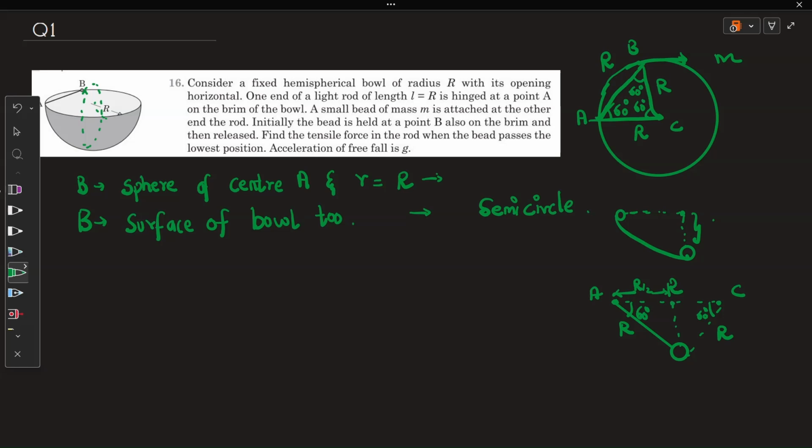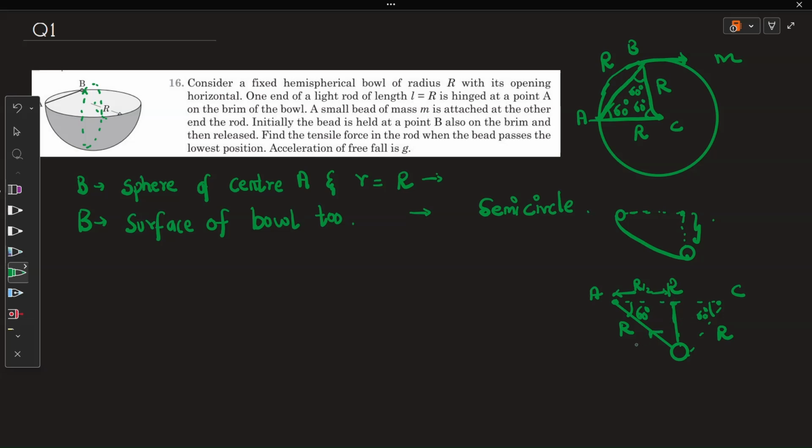Now this particular bead is rotating in a vertical circle with the midpoint of A and C as center. Since this is an equilateral triangle, we have symmetry out here, so this is the center.